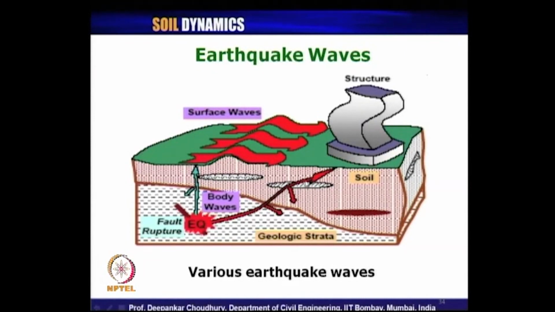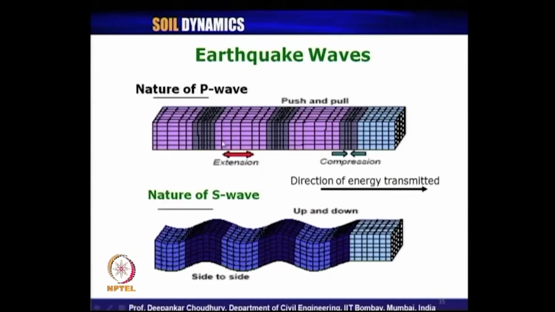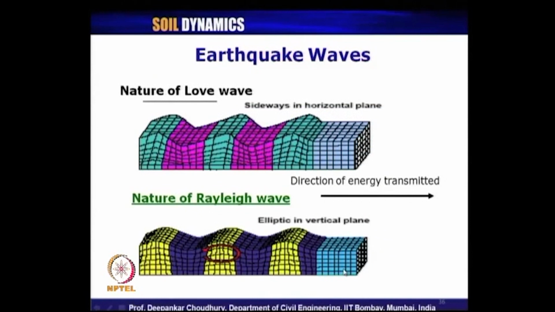Body waves travel through the media, whereas on the surface only the surface waves travel, and this is the typical behavior. We have seen the nature of the different waves. The nature of the P wave is continuous extension and compression, that is, push and pull in the media in the direction of energy transmission. The nature of the S wave is side to side movement, up and down.